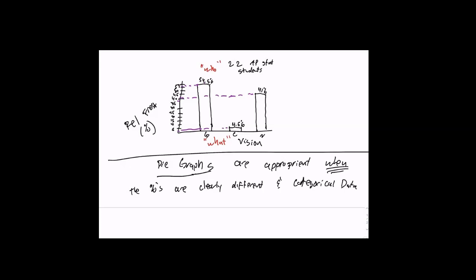In other words, what do I mean by this? You don't want to use a pie graph if you're not dealing with categorical data, if you're not dealing with percentages. You need to have categorical data and percentages for pie graphs. It's also important that they are clearly different percentages.